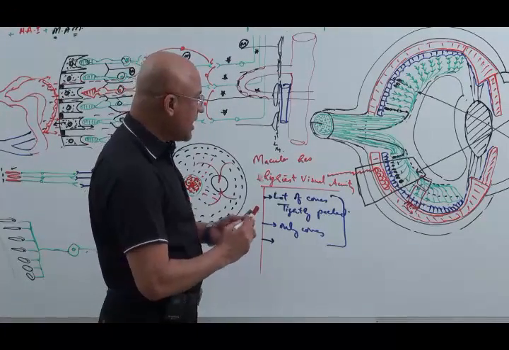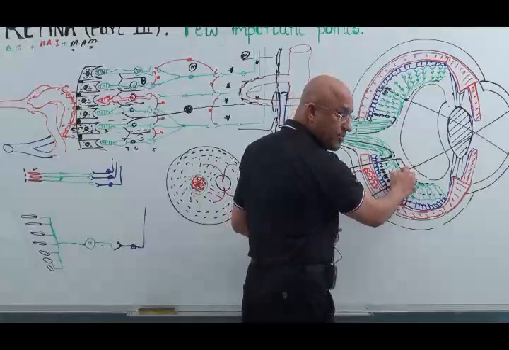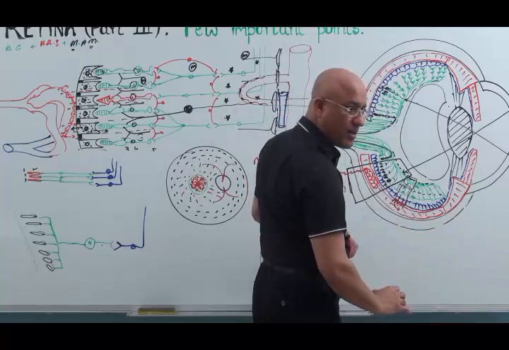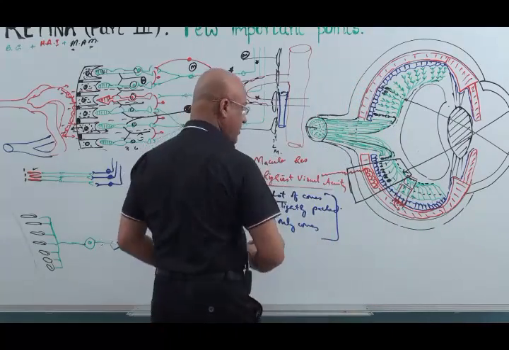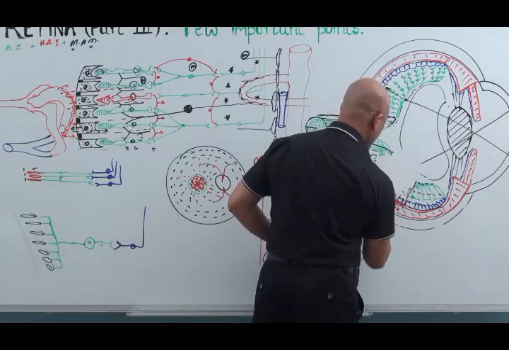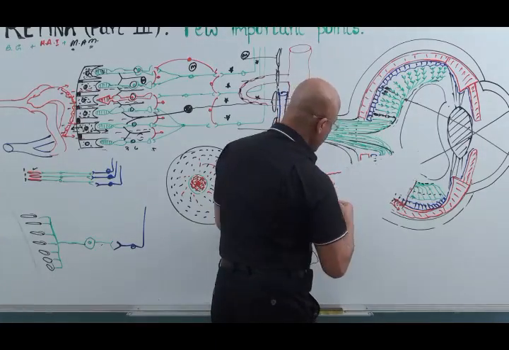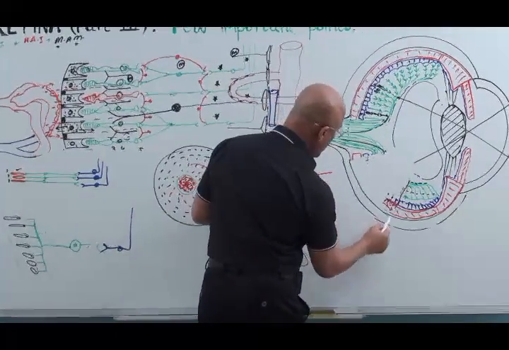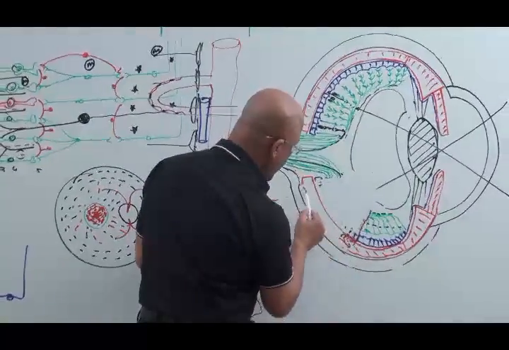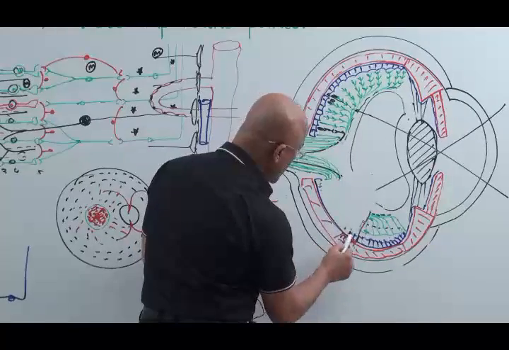Actually, in the fovea centralis, the inner layers of the retina are displaced. Why? Let me explain it. Here is your sclera, here is your choroid, and here is your pigment epithelium.